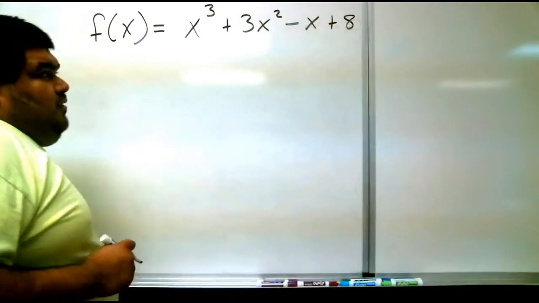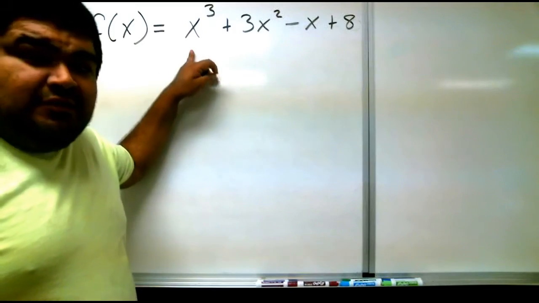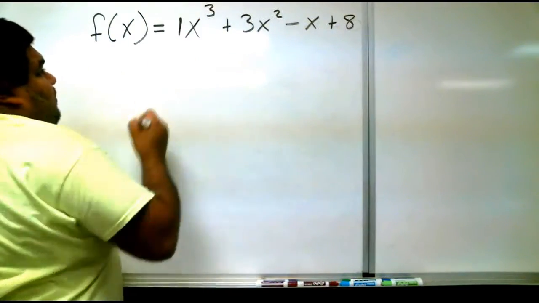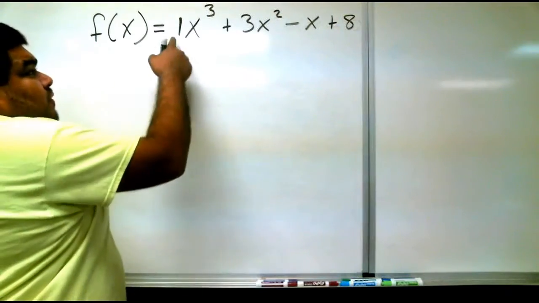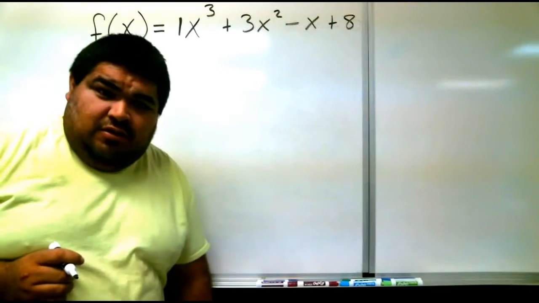Remember, what's always in front of a number or a variable that has no number? 1. So remember, you need your leading coefficient and your constant. Make sure everything is in order.